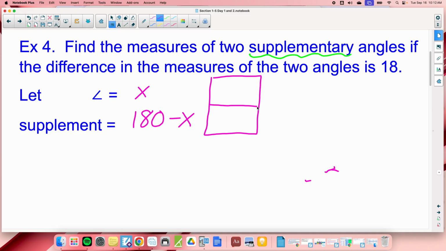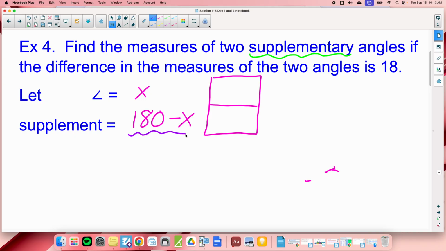Okay? Now, it says find the measures of two supplementary angles if the difference in the measures of the two angles is 18. Difference means what? Subtract. Now here's the thing. I always call this one the ugly angle.